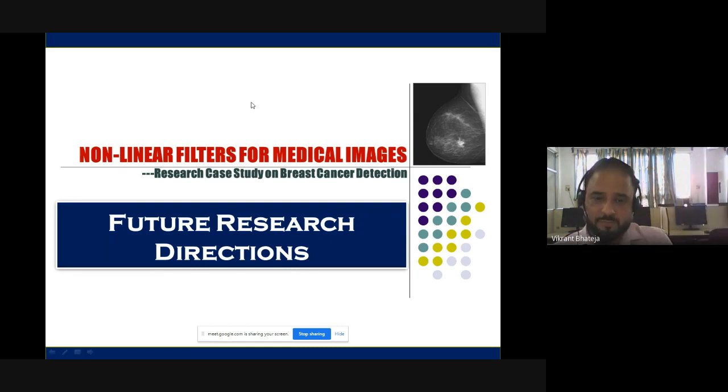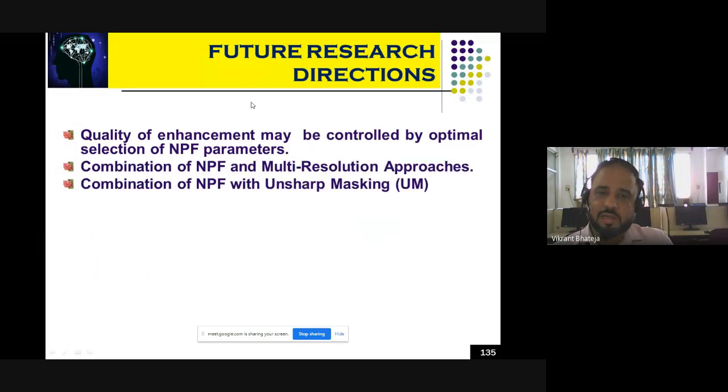So as regards the directions for future research, one very good area where this work can be enhanced is that a lot of parameter determination is required with these filters. A lot of tuning parameters are there.